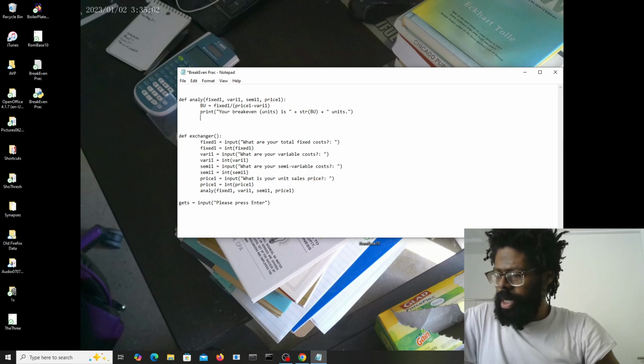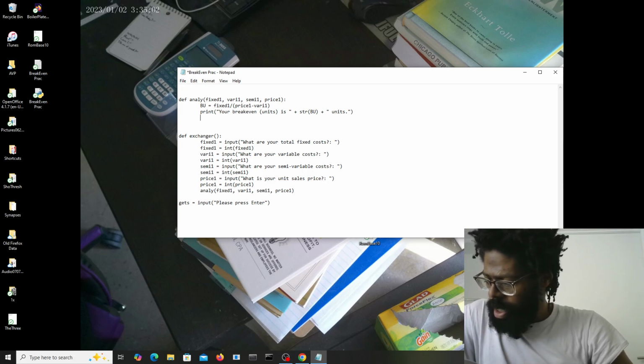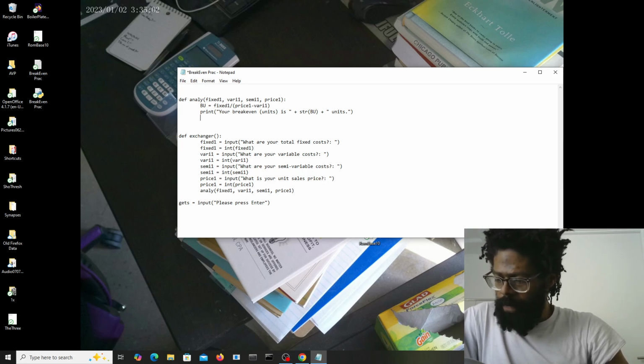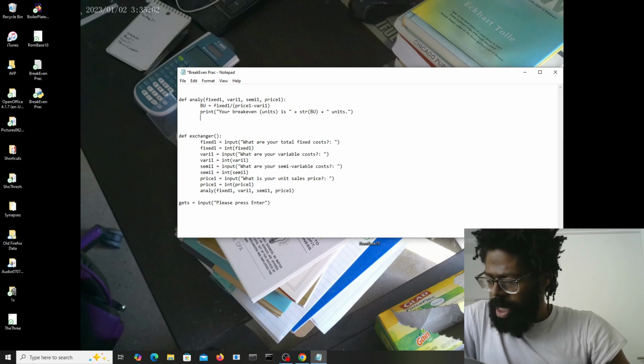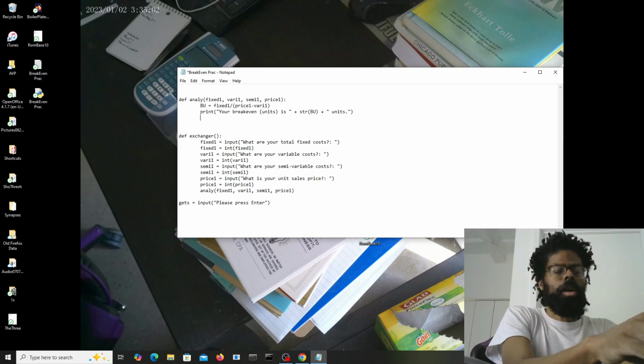Contribution margin. The difference between the unit sales price and the variable unit cost, divided by the unit sales price. Unit sales price minus unit variable cost divided by unit sales price. So here's the deal.